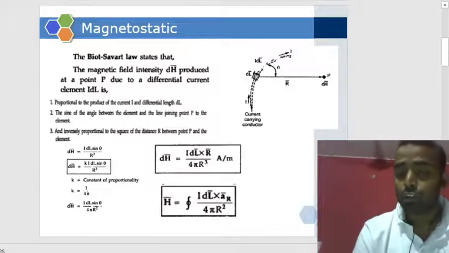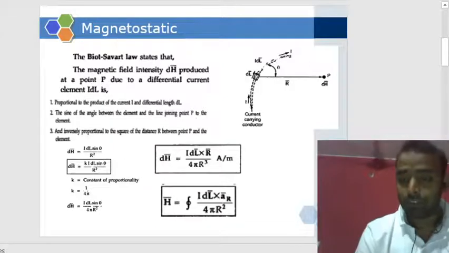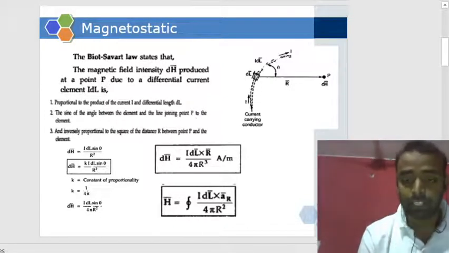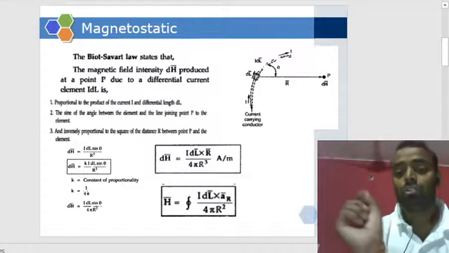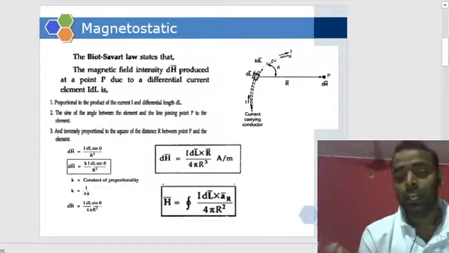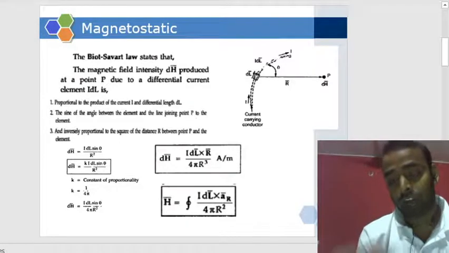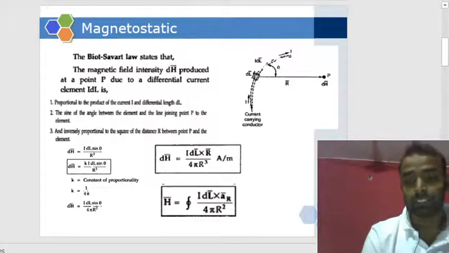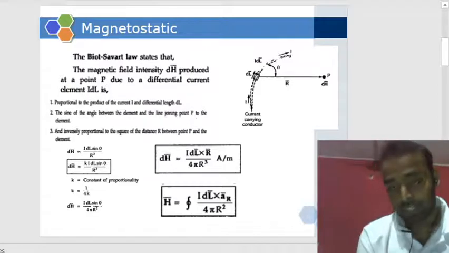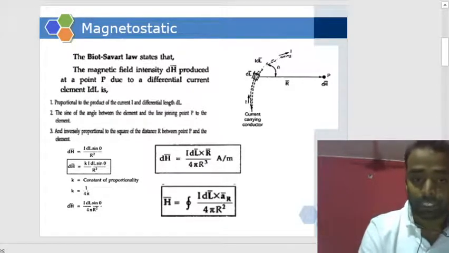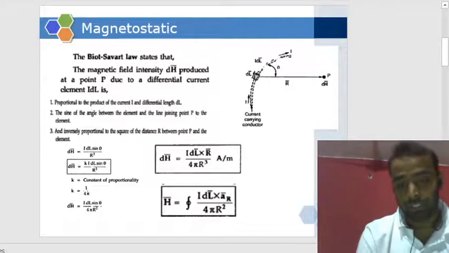According to this law, we are interested to know the magnetic field intensity at a point P, which is a distance r from this current carrying conductor.